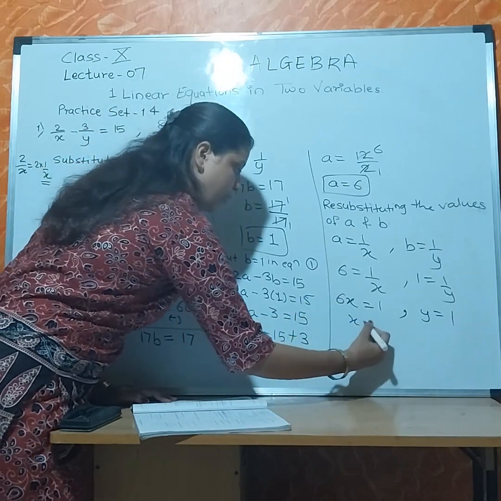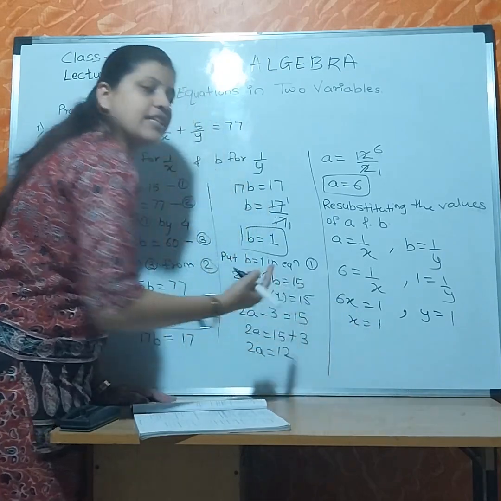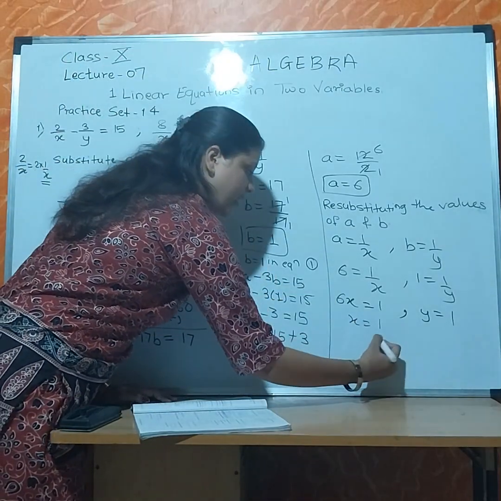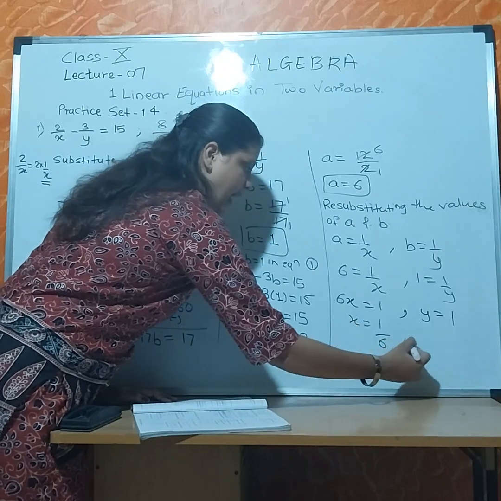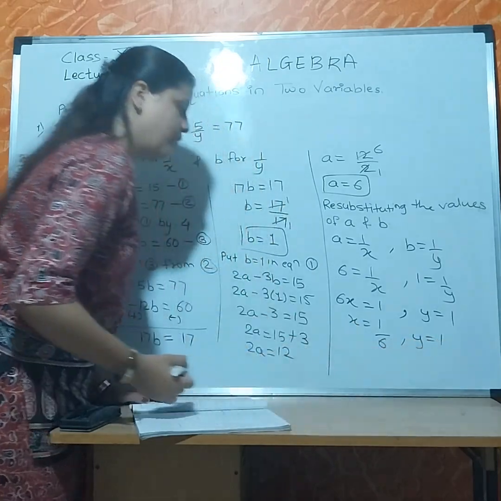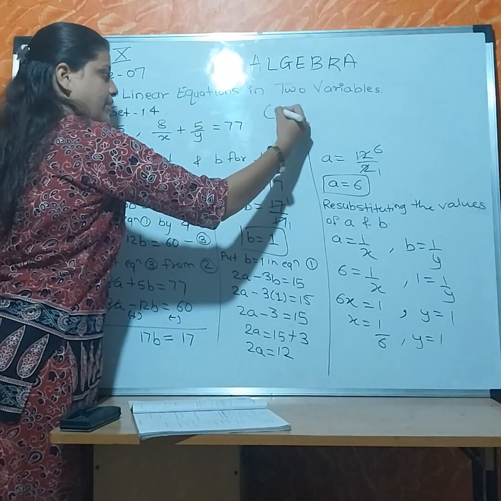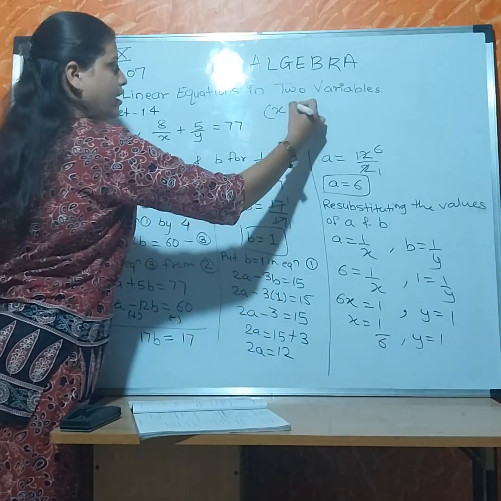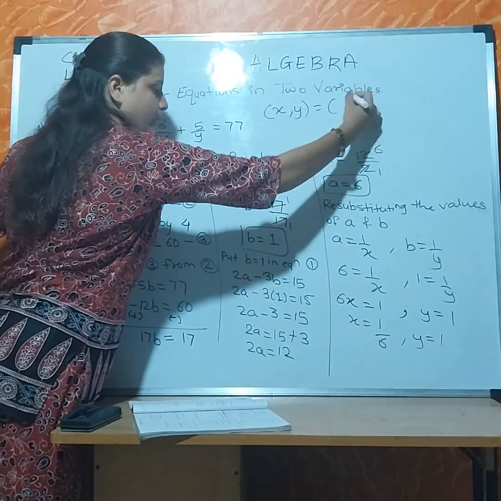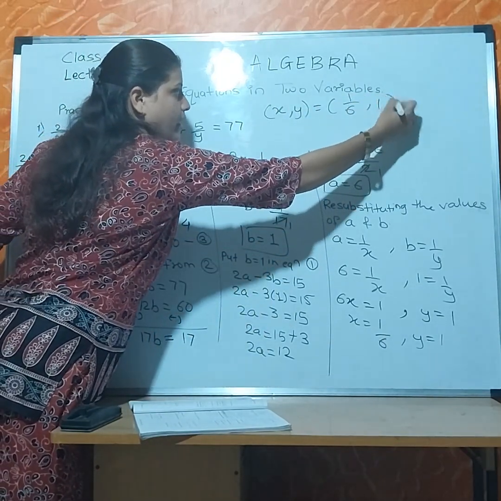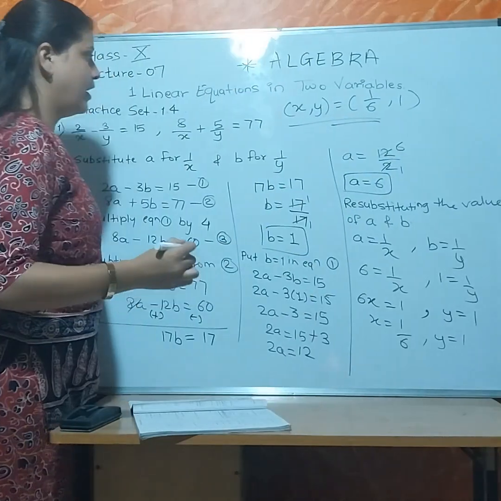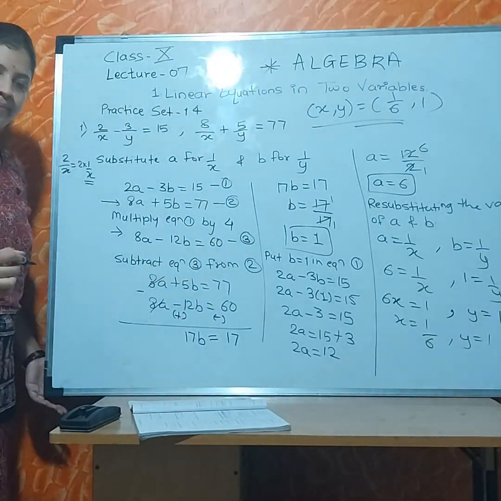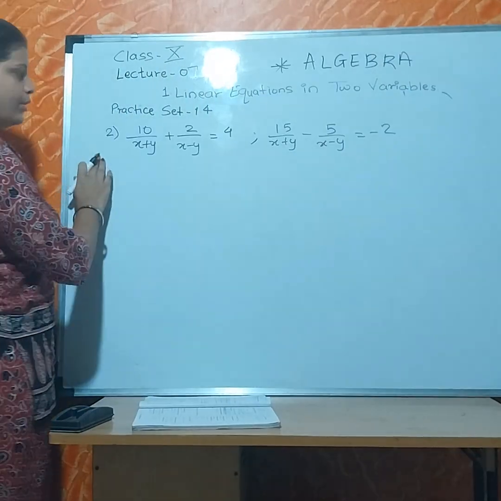Now x is equal to 1 upon 6, since this 6 is in multiplication form, and here it will go as division. And y is equal to 1. So we got our solution: x comma y is equal to 1 upon 6 comma 1. Understood, everyone? Okay.